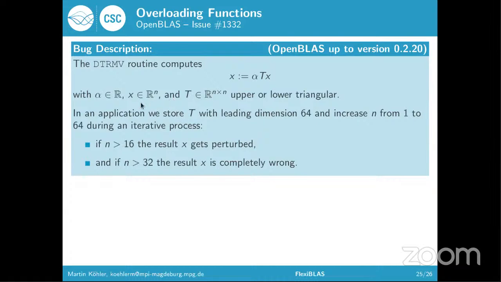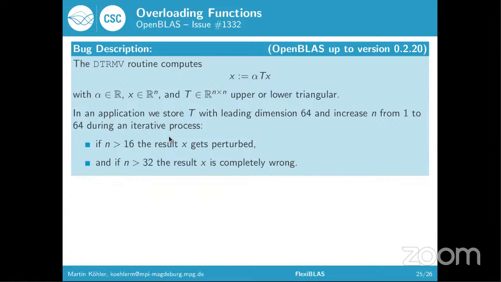I recognized that when I store this matrix with a leading dimension of 64, meaning the next entry in the same row is 64 elements away in memory, and the dimension of the problem is larger than 16, I get some perturbed values. If the dimension is larger than 32, it gets completely wrong.